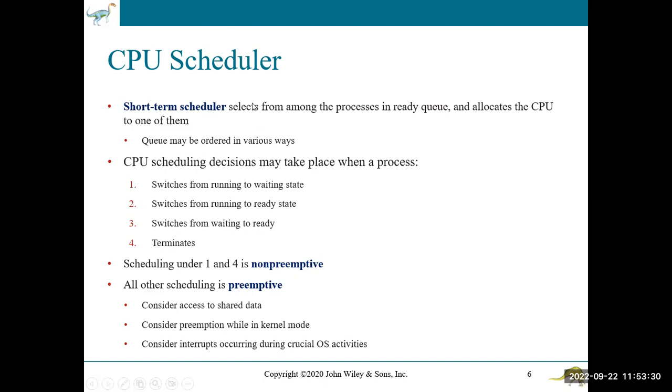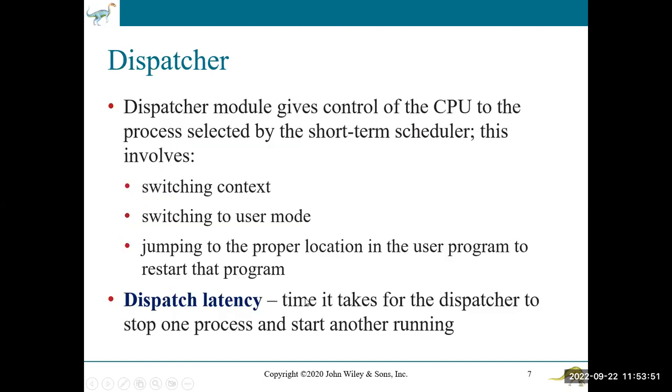So how does that manifest in an operating system context? You have higher priority, quicker turnaround interests that play out in the L1, L2, and L3 level caches. And those make use of the short-term scheduler. So a dispatcher module gives control of the CPU to the process selected by the short-term scheduler.